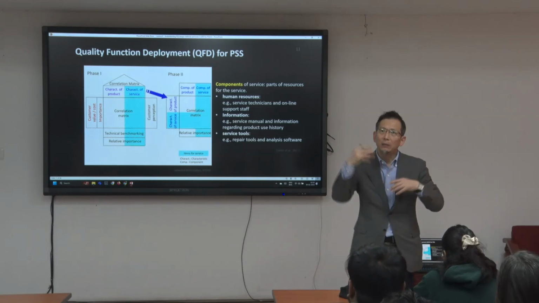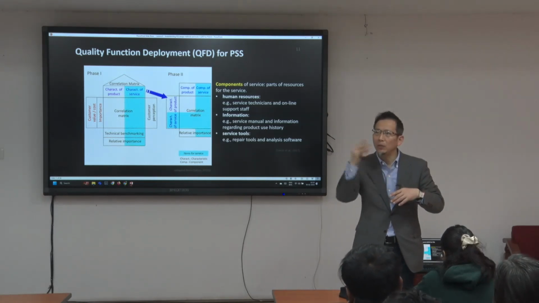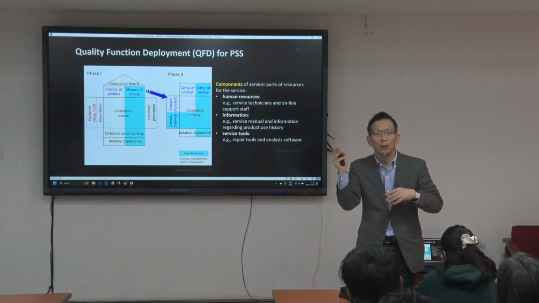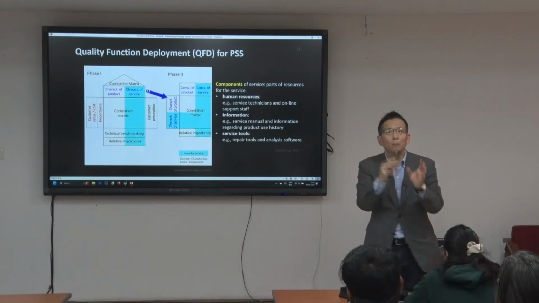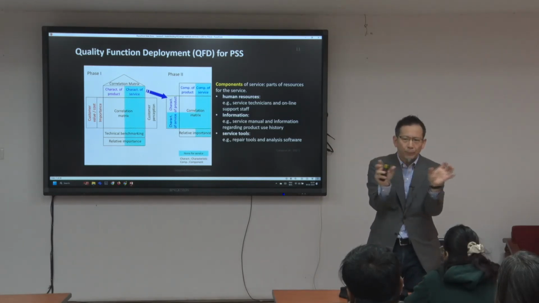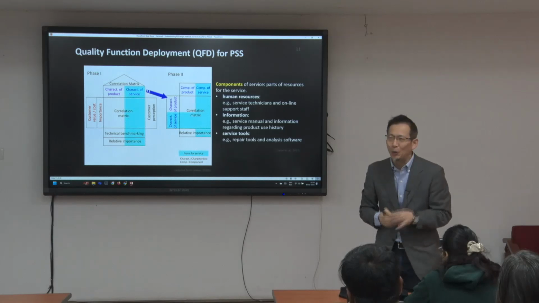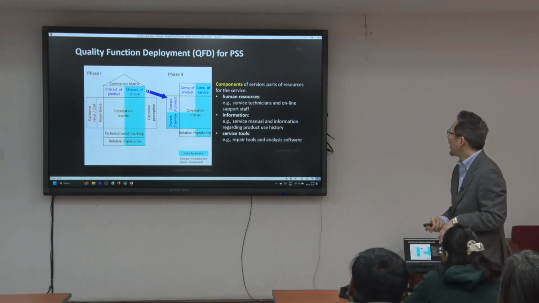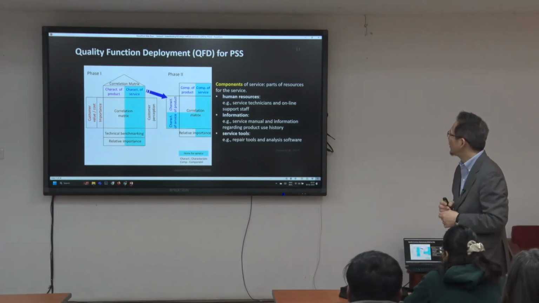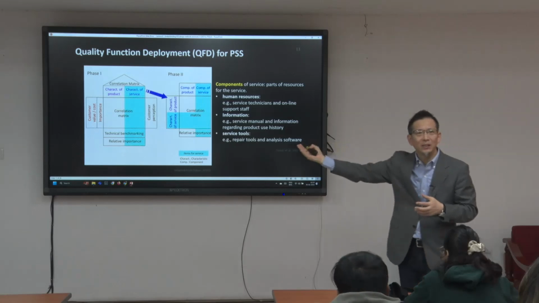A characteristic is a parameter which has a dimension, a unit, but a component is an entity. I hope I'm making a clear distinction between the components and characteristics.